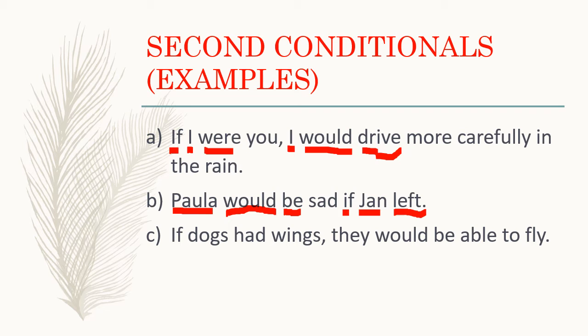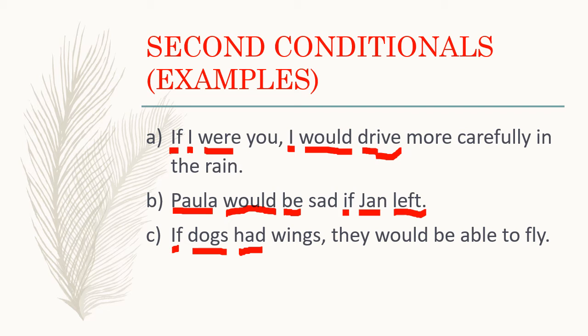Okay, last example. If dogs had wings, they would be able to fly. Exactly. This is an imagined situation. Kay dogs do not have wings, and they could never have wings. In the meantime, of course. So you have if clause, if subject, dogs, and then you have simple past form of the verb had.